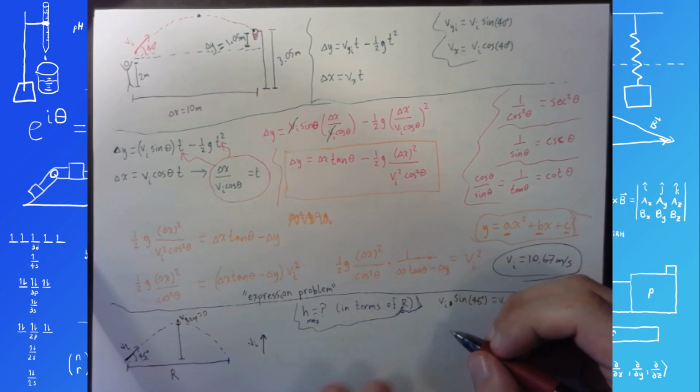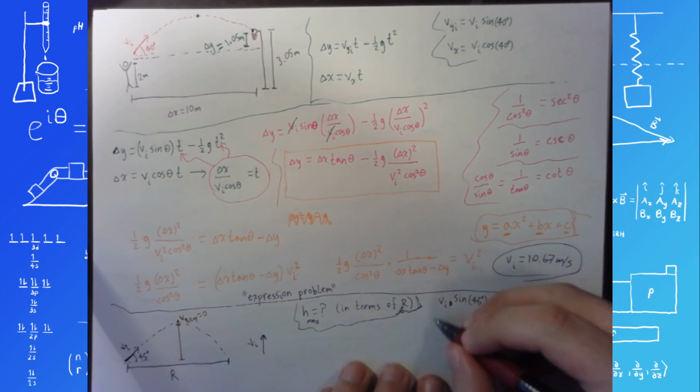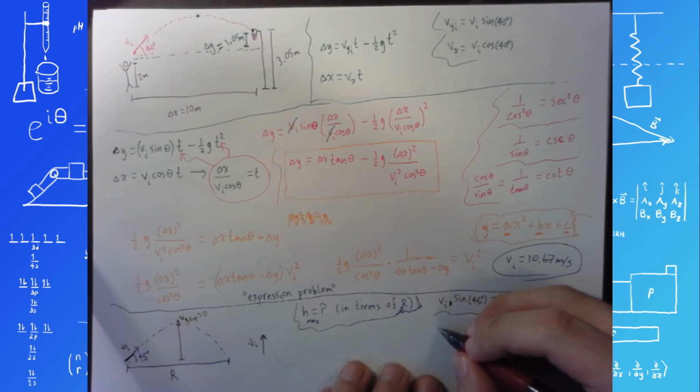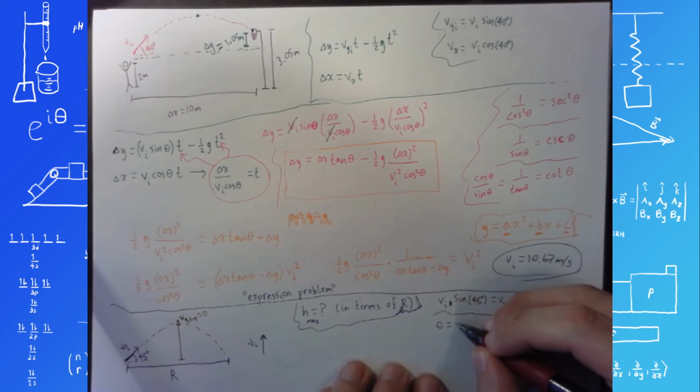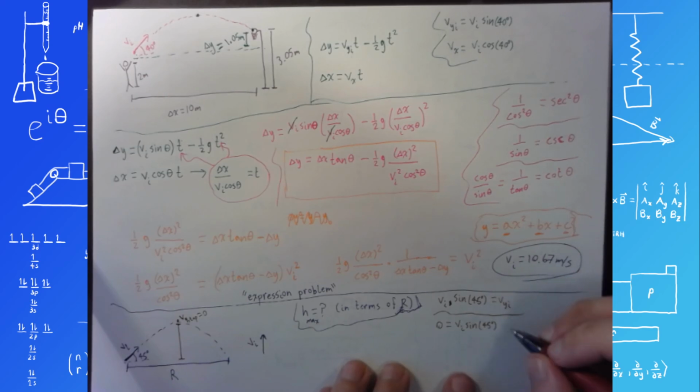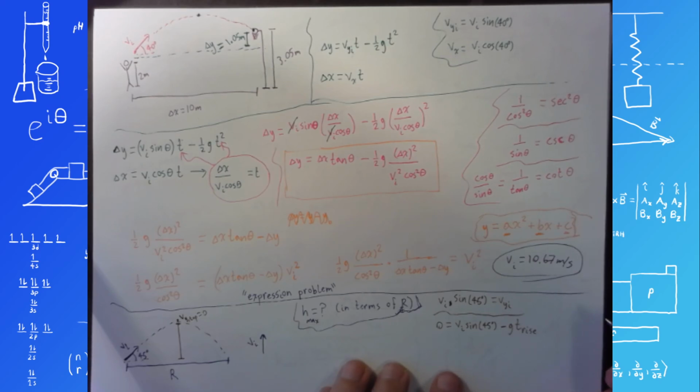And then I'm going to do the time to rise. I'm just going to use the first equation here. So Vy top is 0 equals Vy initial, which is V initial sine 45, plus acceleration times time, so that's plus negative g times t rise. And that gives me t rise equals V initial sine 45 over g.